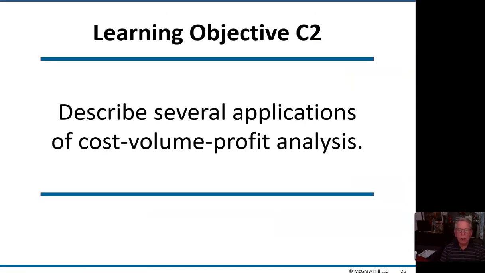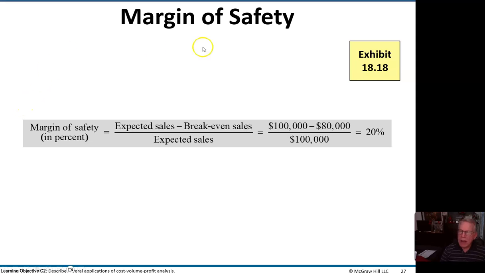Okay, let's take a look at several applications of cost-volume-profit. And so here we have a margin of safety. Here's our expected sales, but here's our break-even sales. And we're going to divide that by our expected sales.